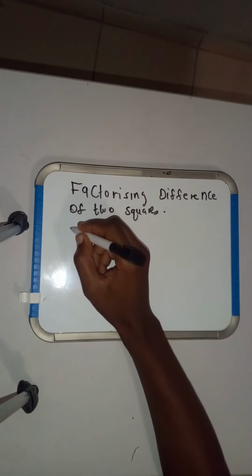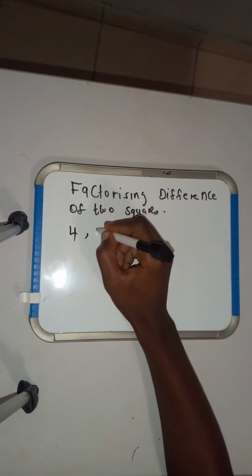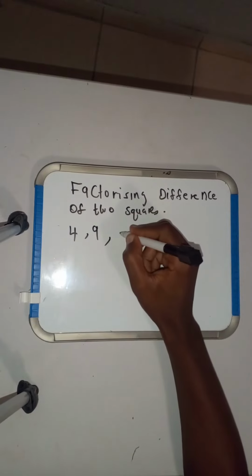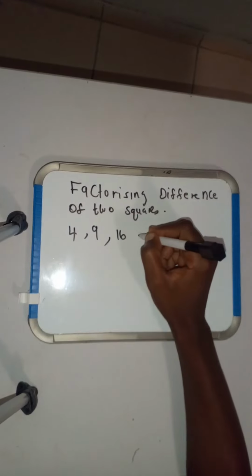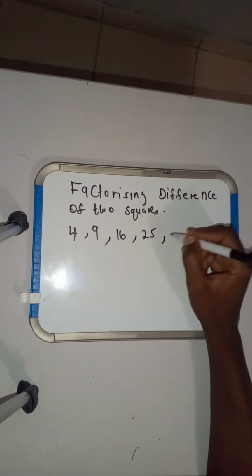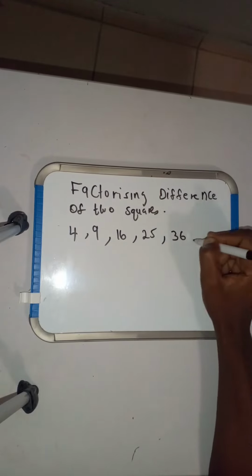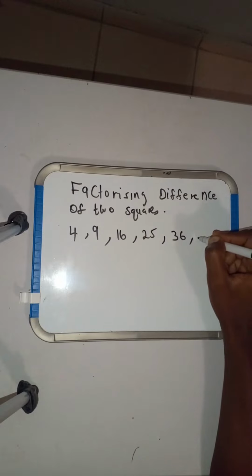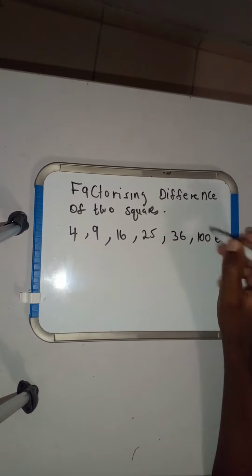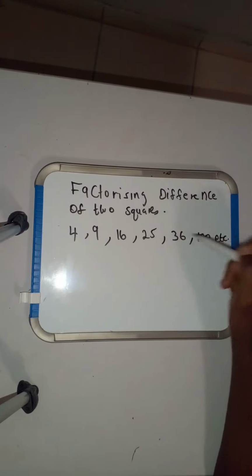Examples of numbers which are perfect squares are 4 is a perfect square, 9 is a perfect square, 16 is a perfect square, 25 is a perfect square, 36 is a perfect square, 100 is a perfect square, etc. Why do we call these numbers perfect squares?